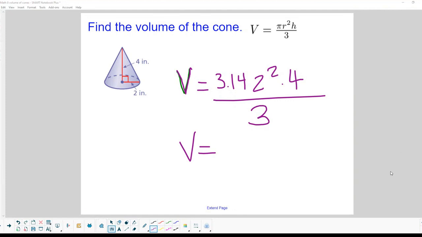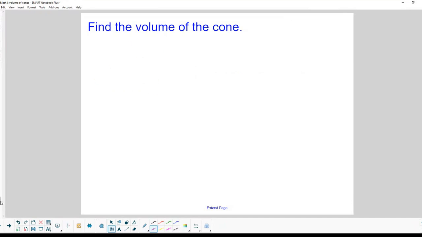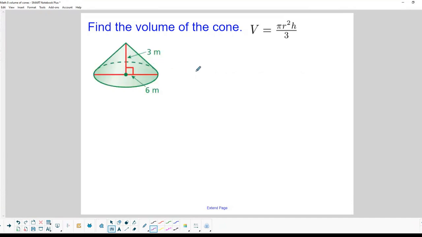Then when we divide that by 3, we get 16.7. We're going to just round it to 16.7, that's about where it comes out if you round it to the nearest tenth, and that would be inches cubed. Okay, very good.